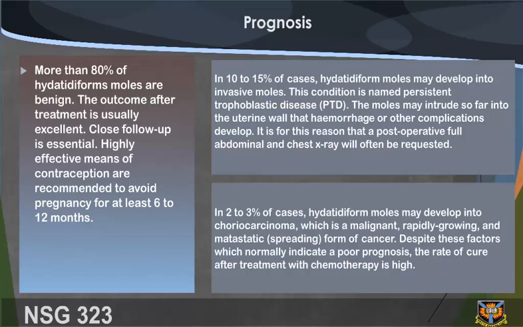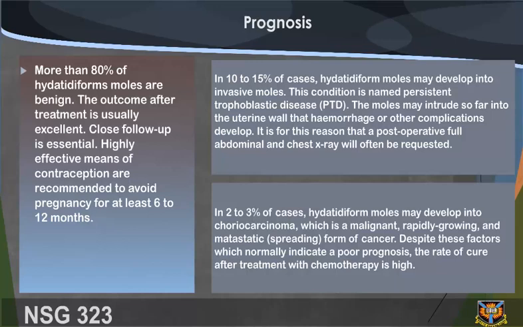The outcome after treatment is usually excellent. Close follow-up is essential. Highly effective means of contraception are recommended to avoid pregnancy for at least 6 to 12 months. In 10 to 15% of cases, hydatidiform moles may develop into invasive moles.